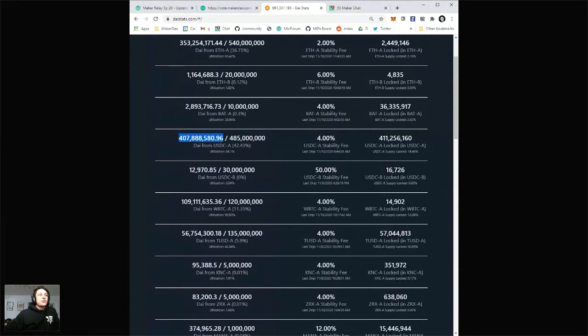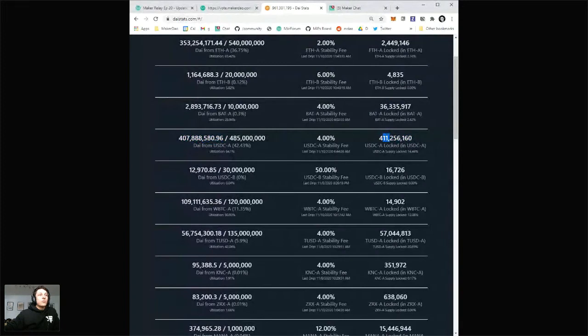And the challenge here is that the liquidations are turned off for this. This is a ton of money, right? 400 million DAI in USDC, backed by 411 million USDC. That's a pretty small margin there. It's only a few million.